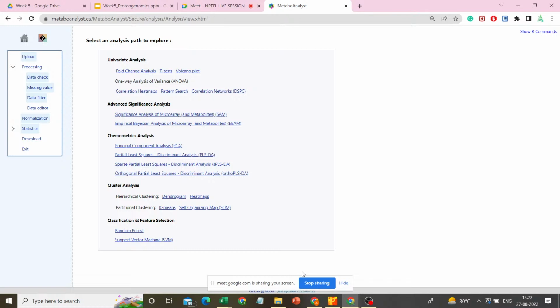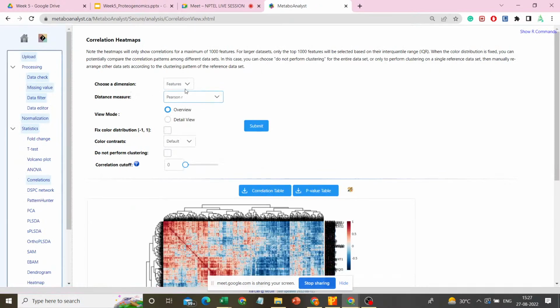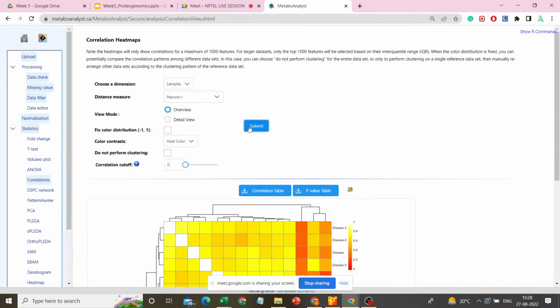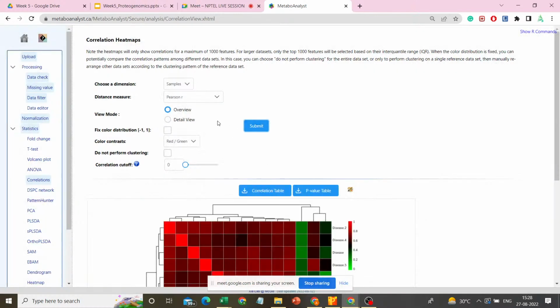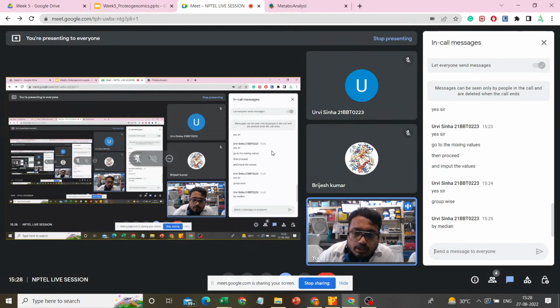Okay, so now there are various analyses: fold change analysis, t-test, volcano plot. So first we will go for the correlation heat maps. So now can you tell me what does this heat map mean?